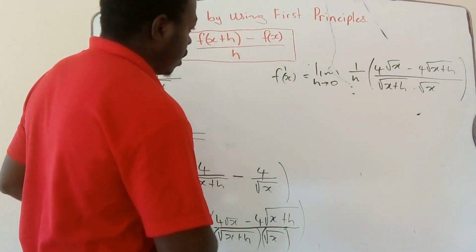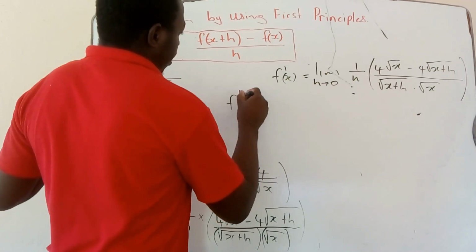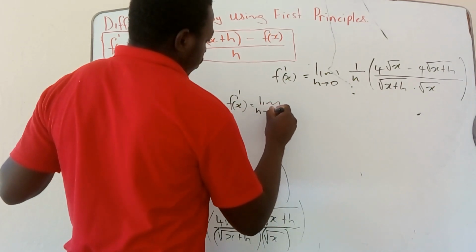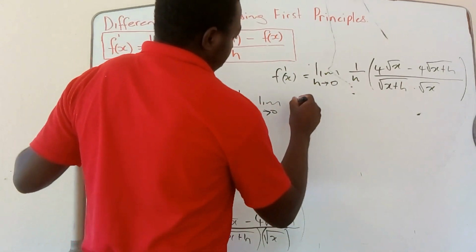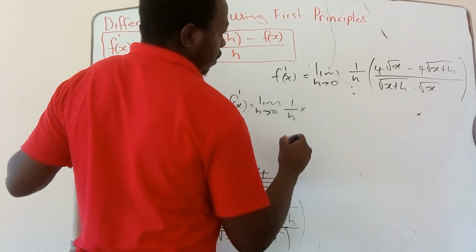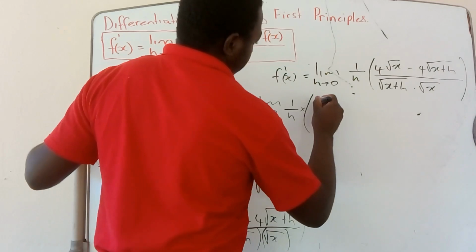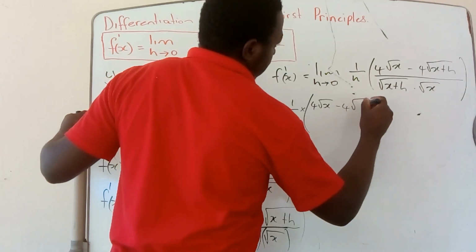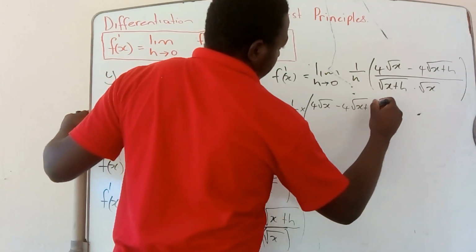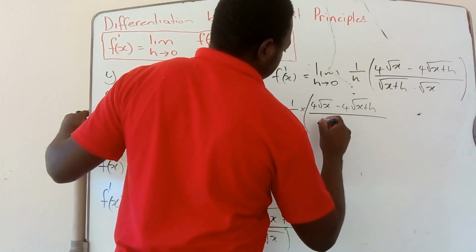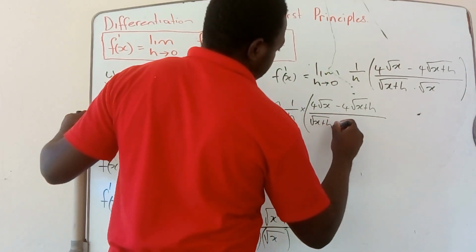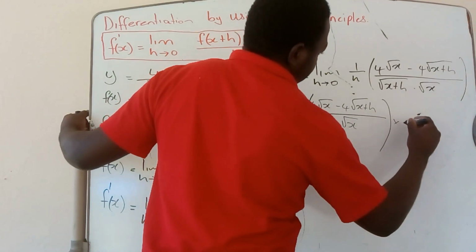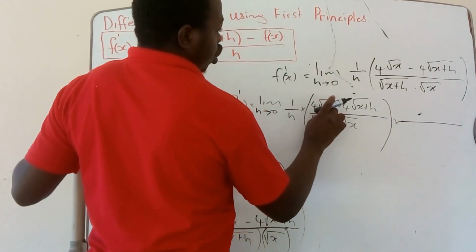So here, I'm going to have f prime of x is equal to the limit as h approaches 0 of 1 over h times all of this, which is 4 root of x minus 4 root of x plus h, all of that over the root of x plus h times the root of x, multiplied by the conjugate of the numerator.